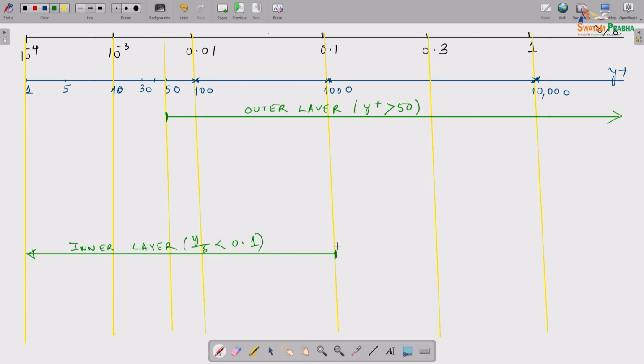Now we have the outer layer and the inner layer. Then you have a viscous wall region. Viscous wall region is y plus less than 50.